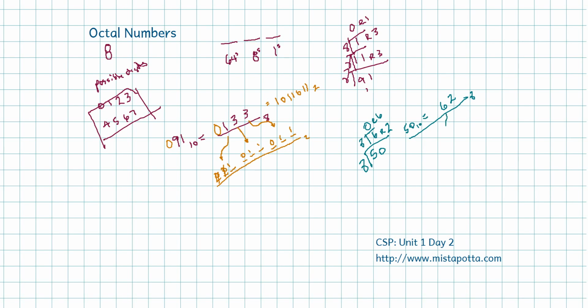And similarly, I can break this up into a binary representation. So this would be 0, 1, 0. That's what 2 looks like. And 6 is 4 plus 2 plus no 1s. So 50 in base 10 could be thought of as 110010 base 2.